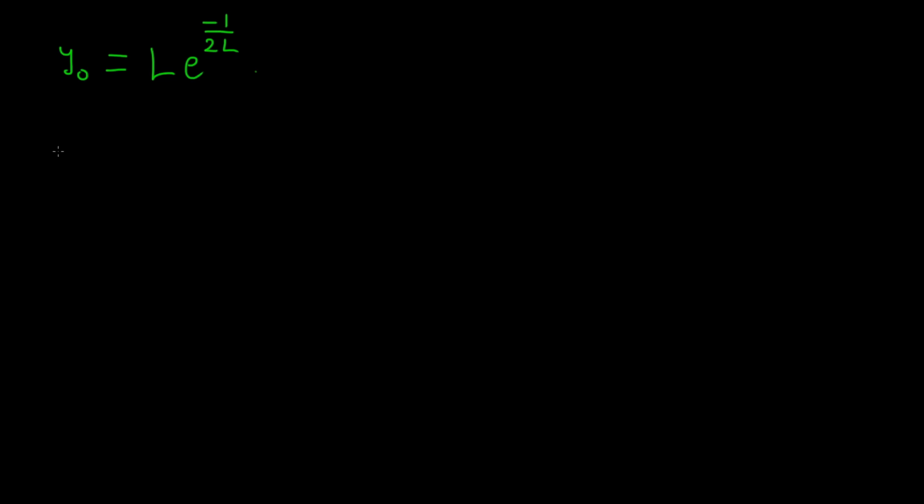So if we multiply both sides by e to the 1 over 2L, it will cancel on the right, and on the left we're left with y naught times e to the 1 over 2L equals L. Now if we divide everything by 2 times y naught times L, this will magically fix everything. So we'll have 1 over 2L e to the 1 over 2L, and that's equal to 1 divided by 2 times y naught.